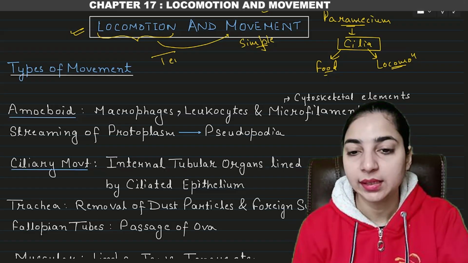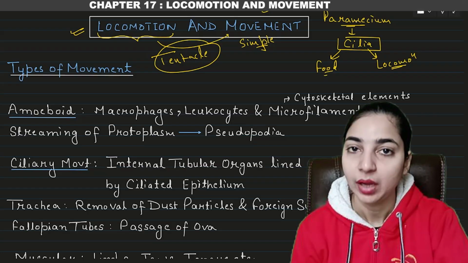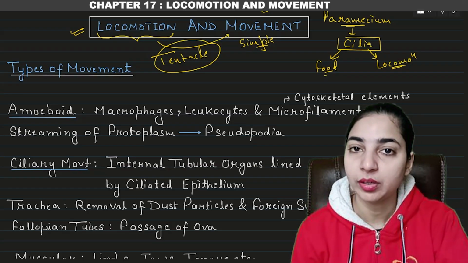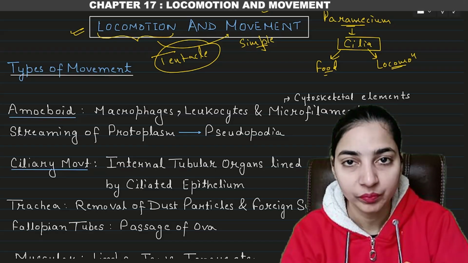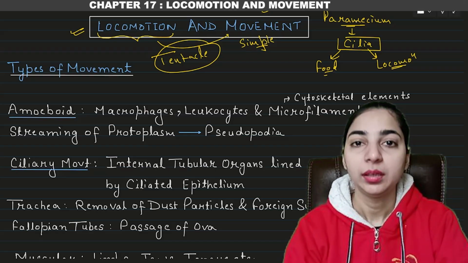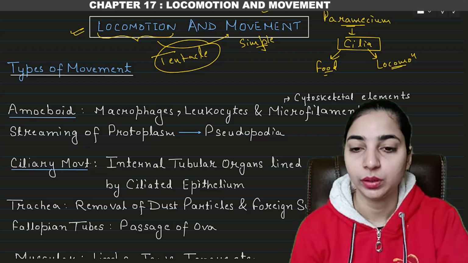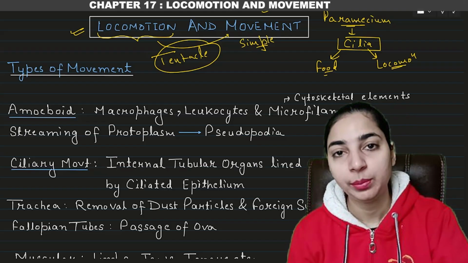Similarly, the tentacles which are present on the surface of the hydra also perform dual function. It can help in the capture of prey. That is a type of simple movement, because during the capture of prey it can remain on its own position. It should not move from one place to another. And then it can also help in the locomotion.